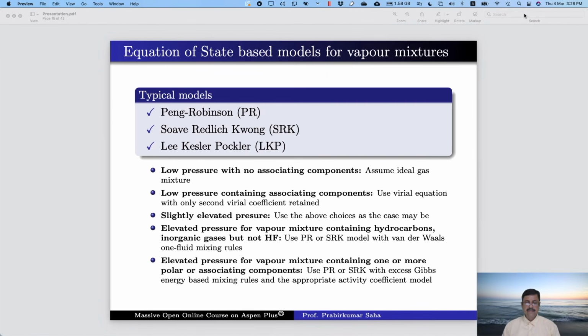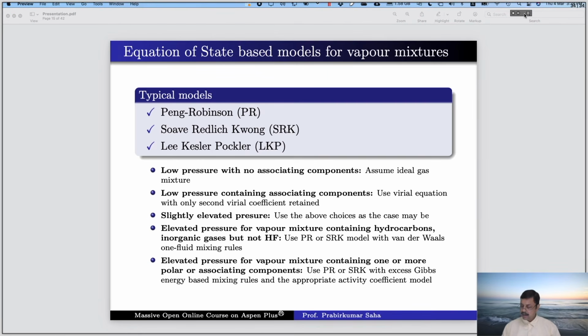If we have low pressure with no associating components, then we can safely use ideal gas mixture. But if we have low pressure with some associating components, then we have to use virial equation with only second virial coefficient retained. What is the virial equation?